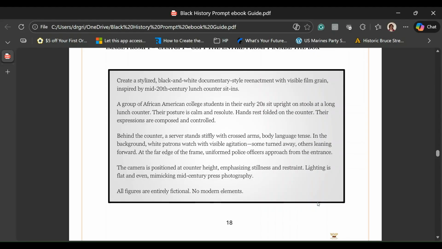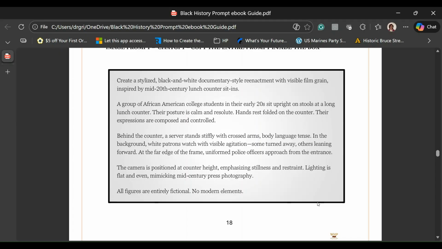In fact, in the third paragraph, where it says behind the counter a server stands stiffly with crossed arms, I originally wrote that the server was angry.